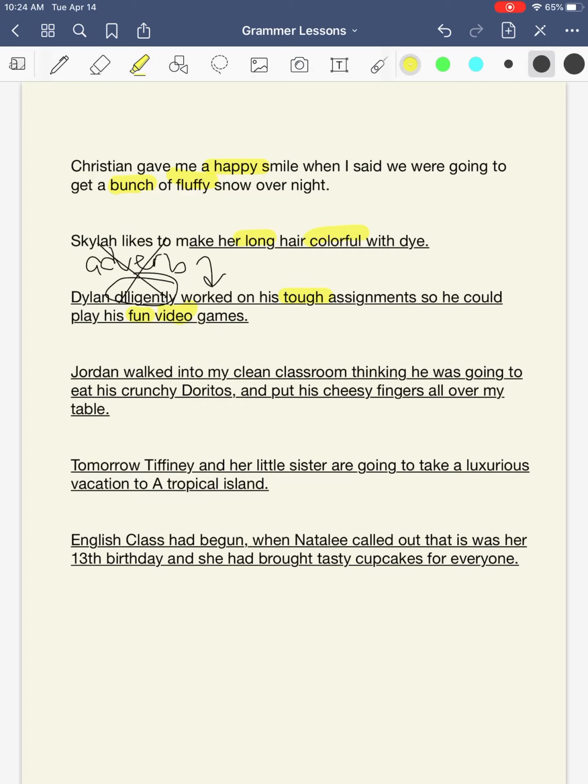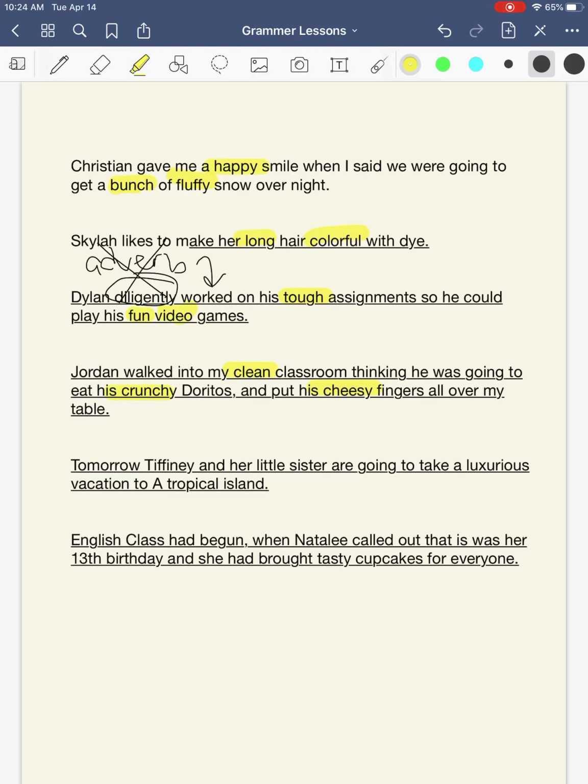Jordan walked into my clean classroom thinking he was going to eat his crunchy Doritos and put his cheesy fingers all over my table. There are 3 adjectives in that sentence. All right, did you tell somebody? The adjectives are clean, crunchy, and cheesy. If you got those 3, you are correct.